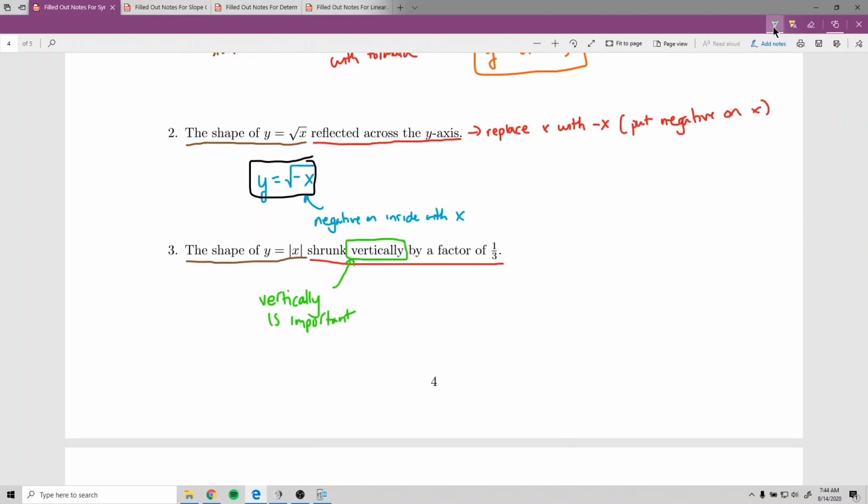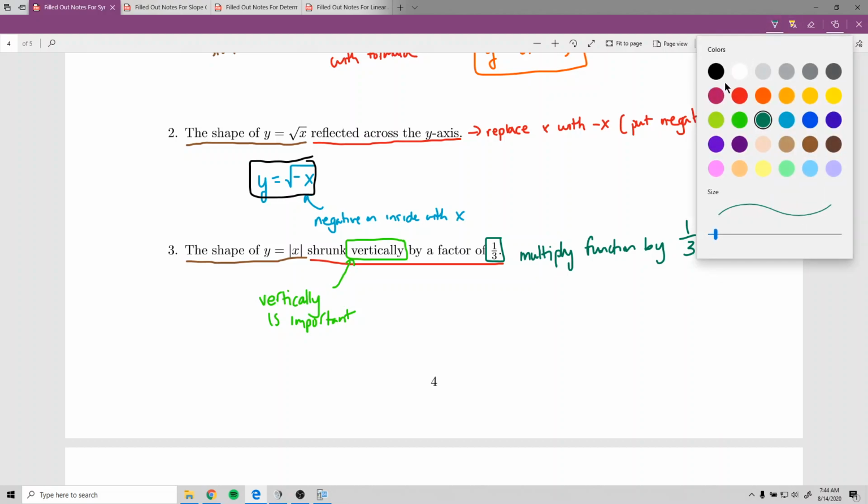But what we do when we stretch vertically or shrink vertically is the easiest one of all, because it doesn't matter which one you're doing. All we do is we multiply the function by 1/3 out front. So I like to do it out front, and you should definitely do it out front.